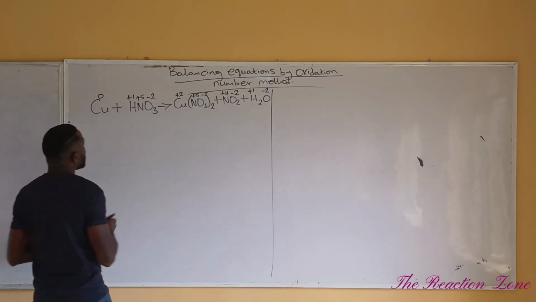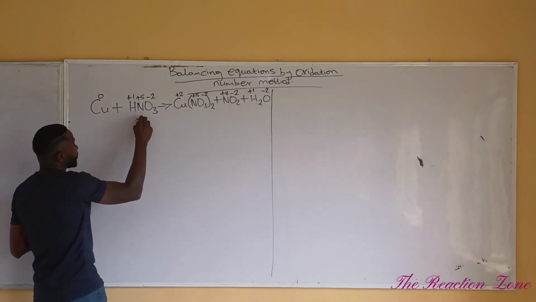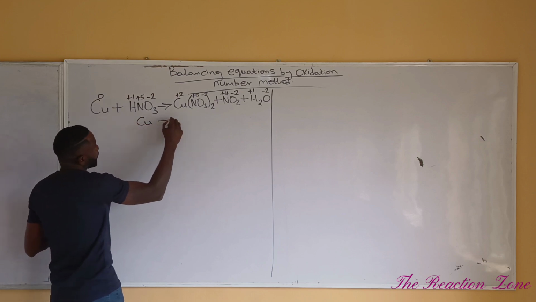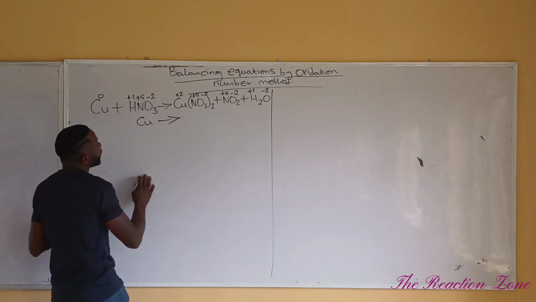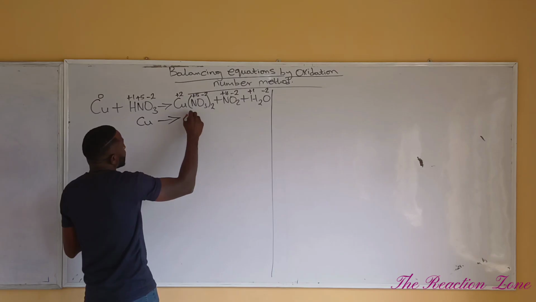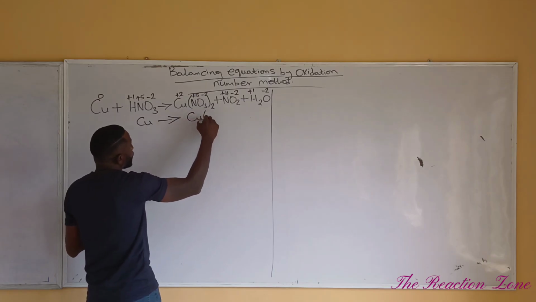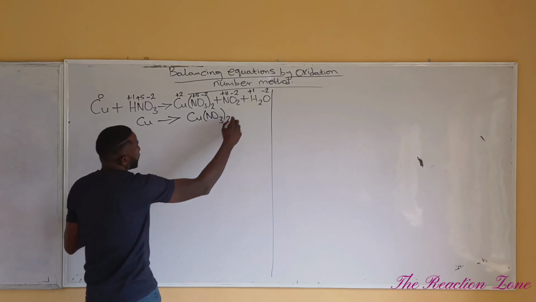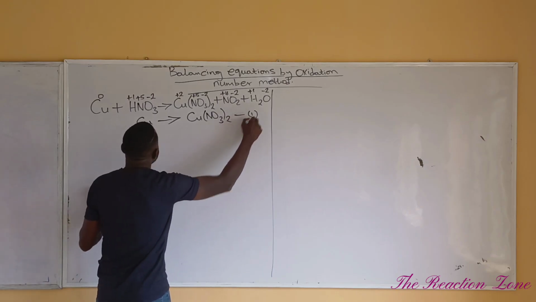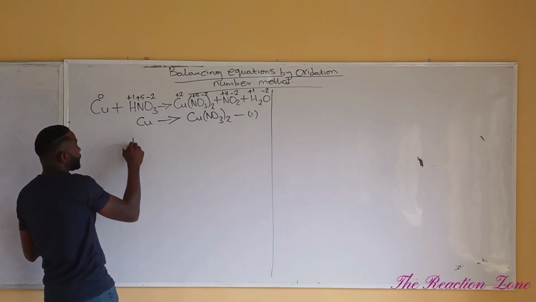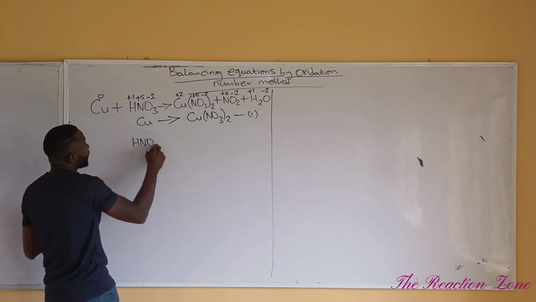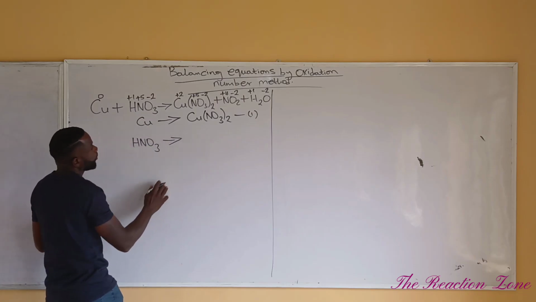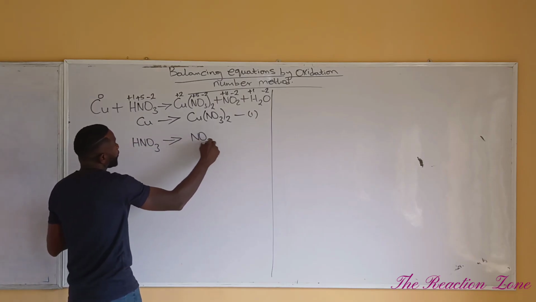So we're going to bring out these two scenarios, which is copper to give us CuNO3, equation 1, and then we're going to have HNO3 give us NO2.